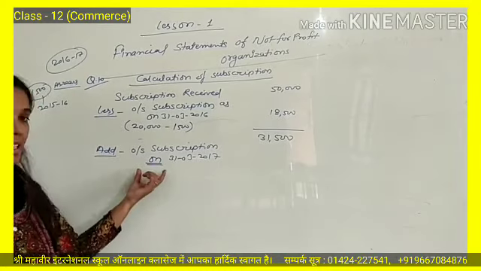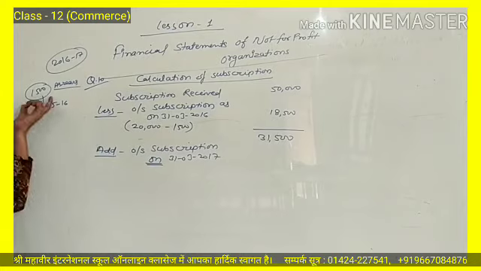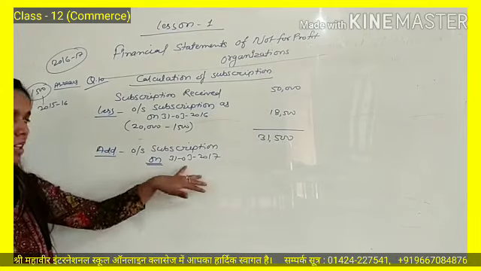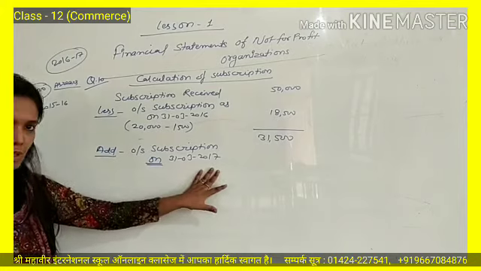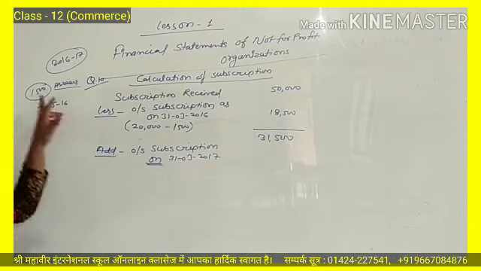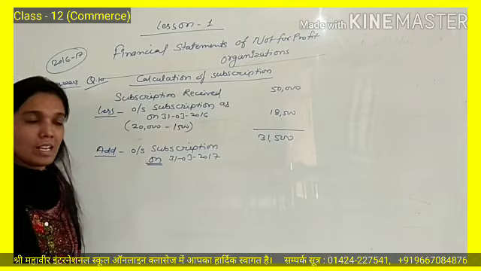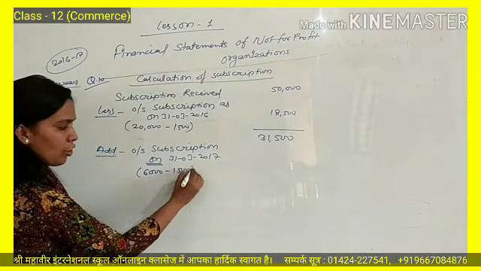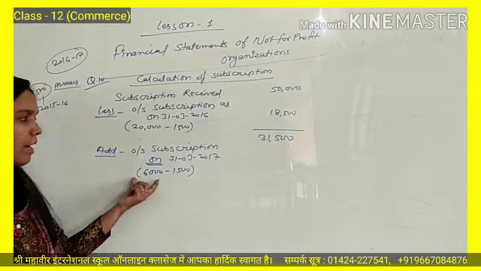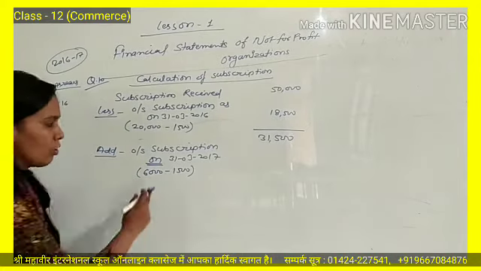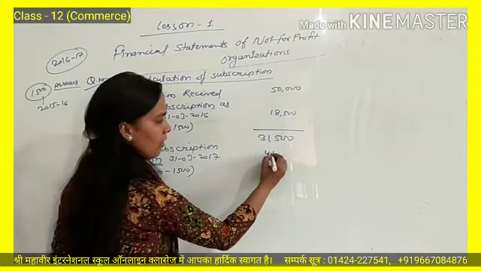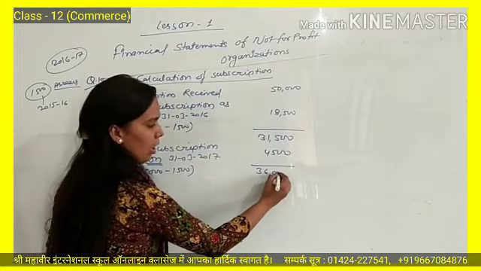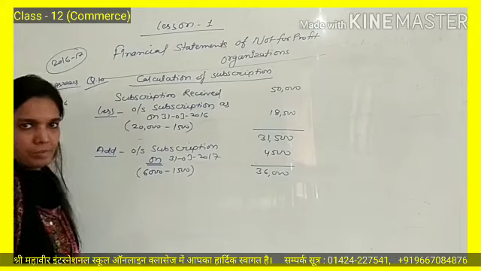It means in 6,000 rupees, 1500 rupees are also included. Because total subscription till 31st March 17 is 6,000 rupees, and in this 6,000, 1500 is outstanding of last year. So we will deduct this 1500 because we have to add the subscription that is related to the current year only. So 6,000 minus 1500, 4,500 is related to the current year only. So the amount is 36,000.